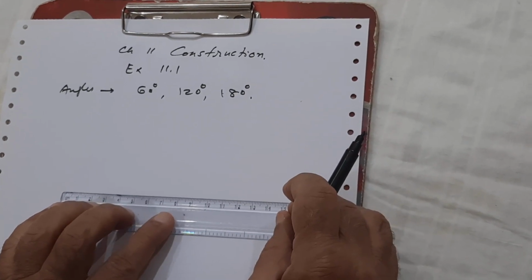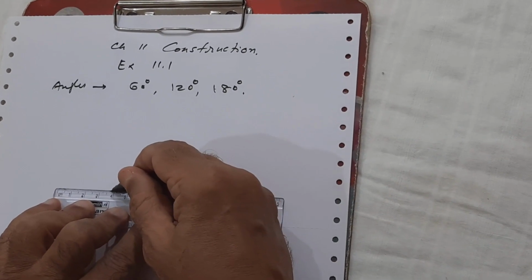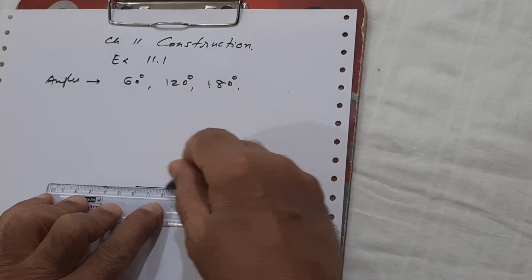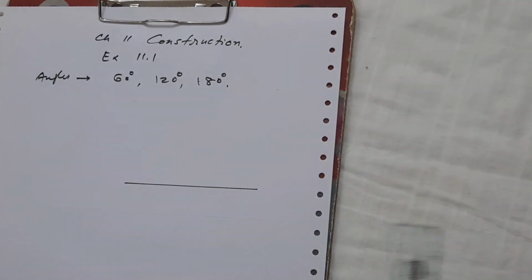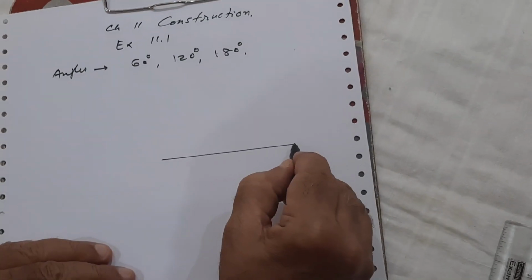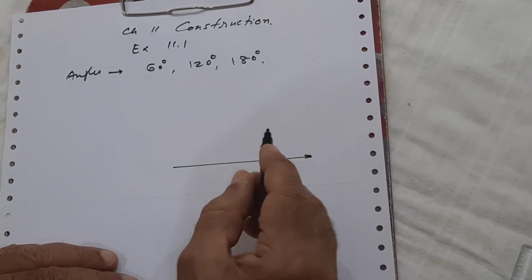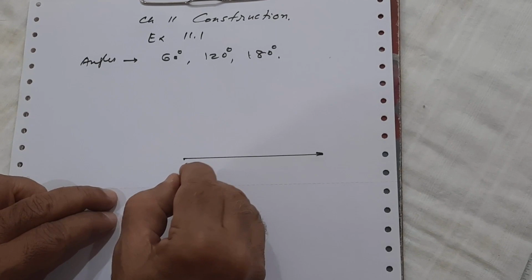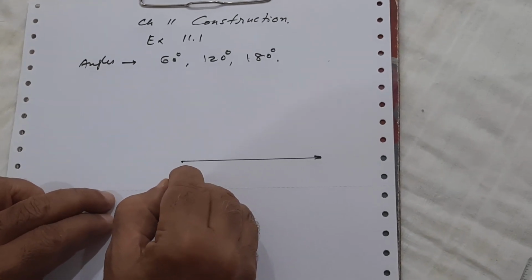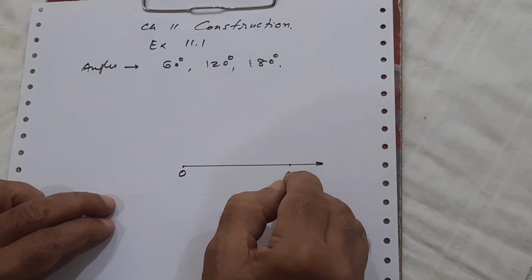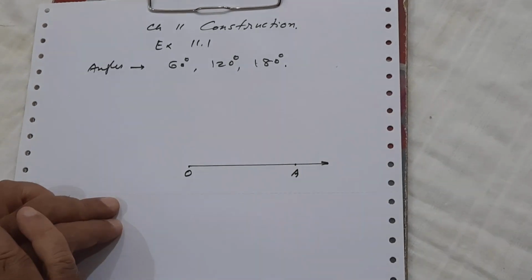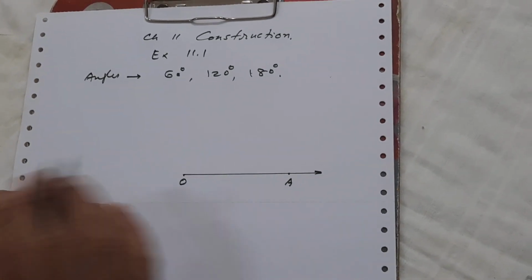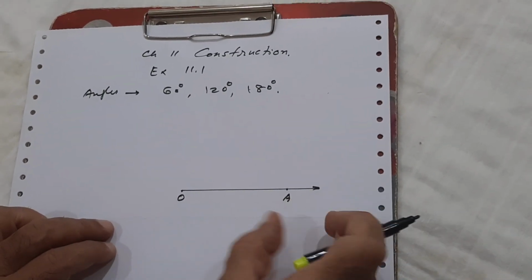Now first you draw the ray. Take this as OA. So ray OA. If you take ray OA only, this will be 0 degree.